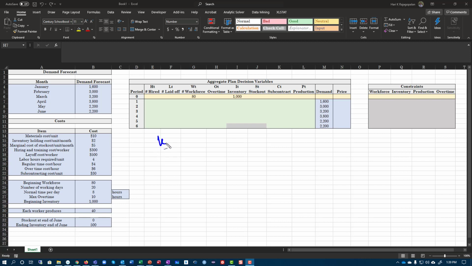For the first time period, W1 is equal to W0 plus how many you're hiring minus how much you lay off in time period 1.